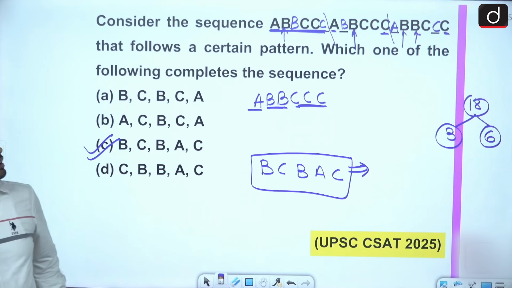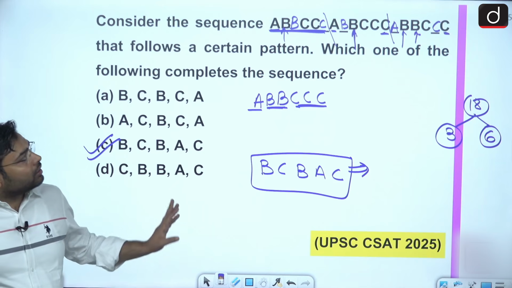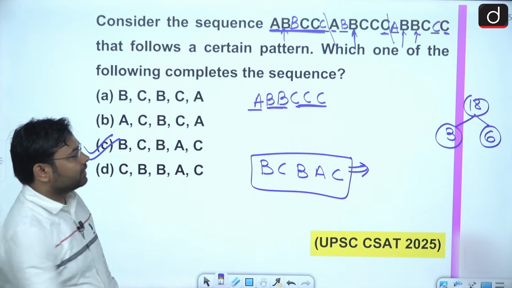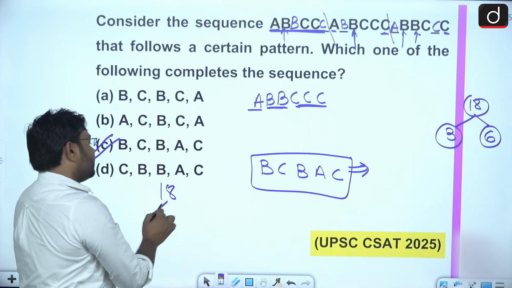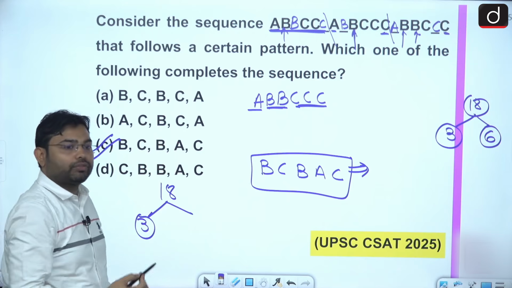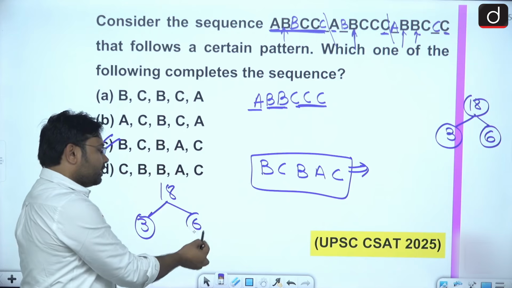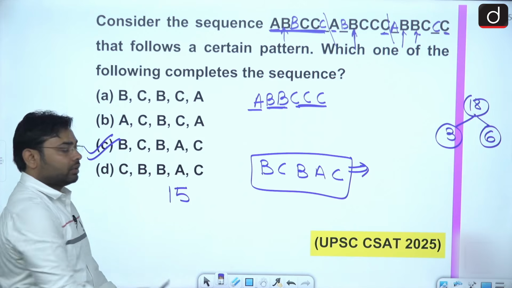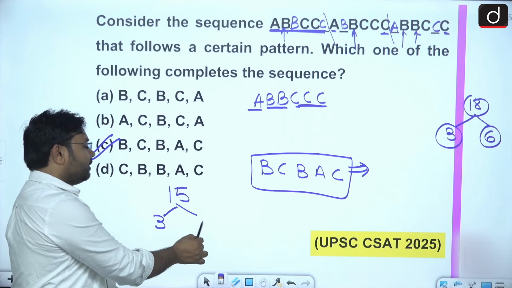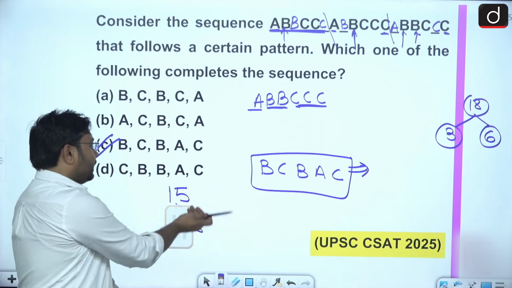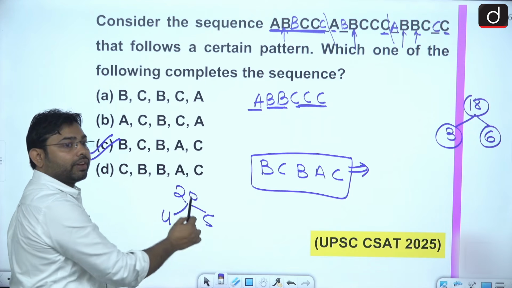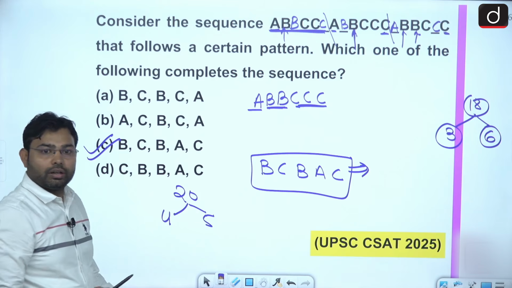You need to consider first how many letters. Then if this is 18, you can break in pairs of 3 or in pairs of 6. If it is 15 total, then 3 and 5. If 20, either 4 or 5. Got it? Done.